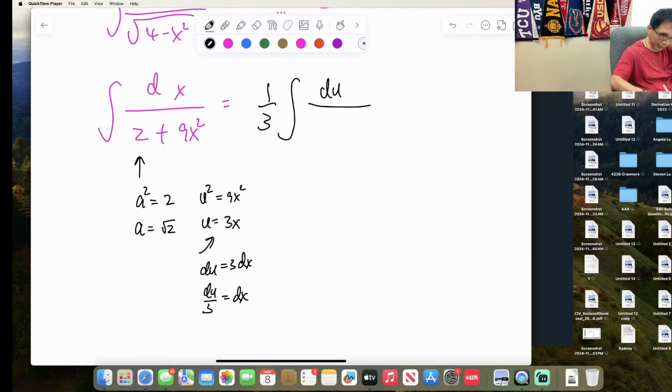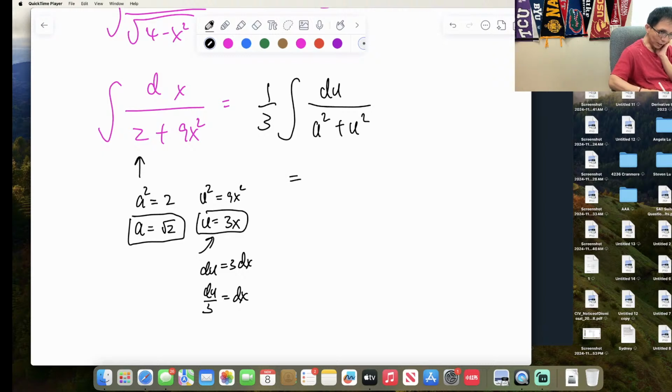And this is 1/3, and this is a squared plus u squared. Now since a is this, u is this, that's going to be 1/3 times 1 over root 2. Is that okay? Arctangent of 3x over root 2 plus c.